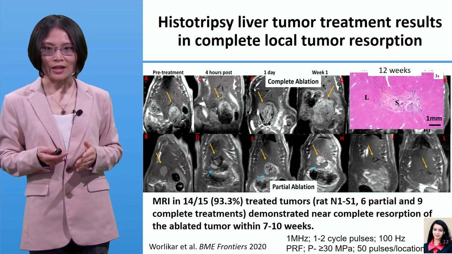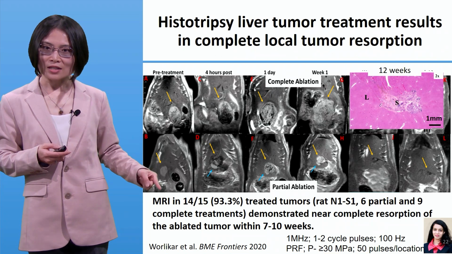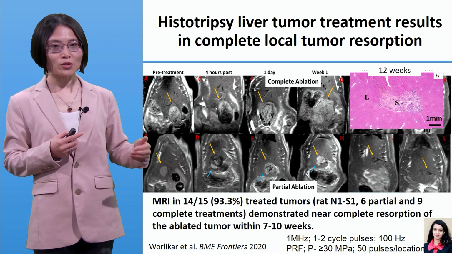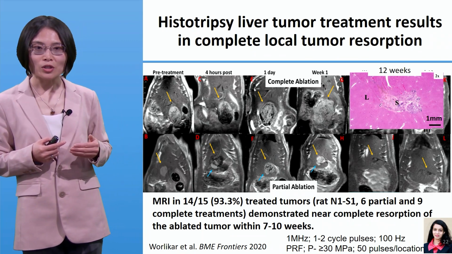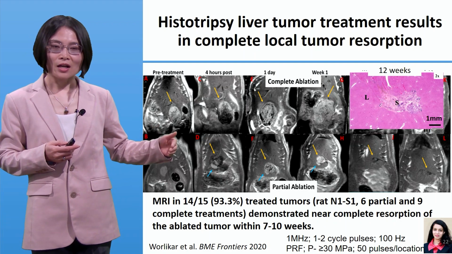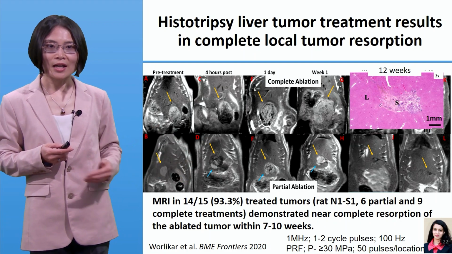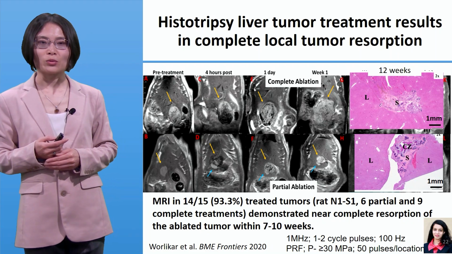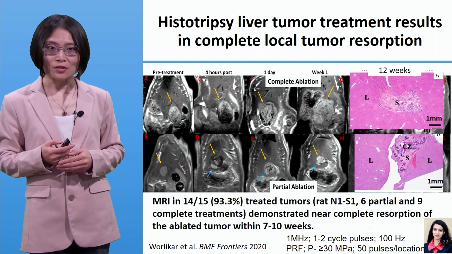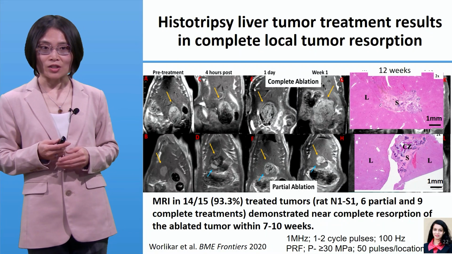Interestingly, in 5 of the 6 rats in this partial treatment group, also within 1 to 2 months post-treatment, the tumor completely regressed and was not detectable on MRI. They survived to the 12-week study endpoint, also showing no tumor cells with only scarring tissue.